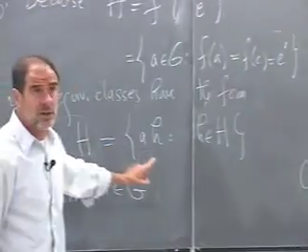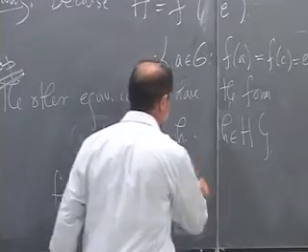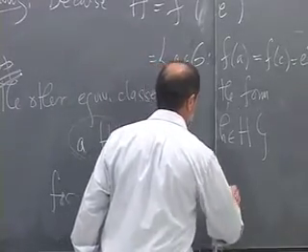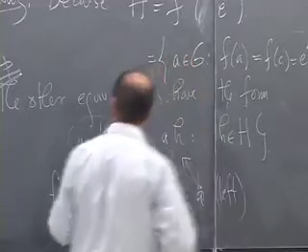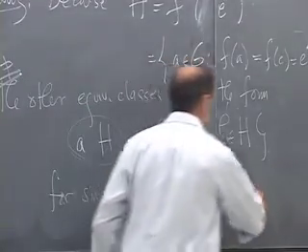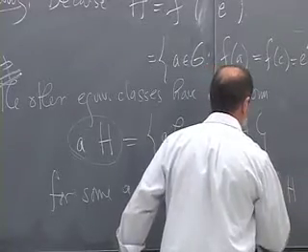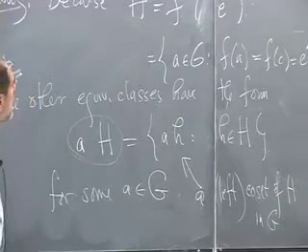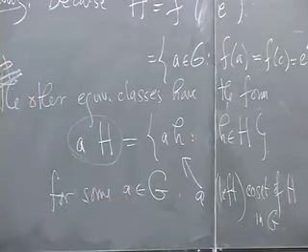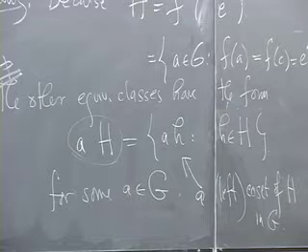This is called, big term here, a coset of H in G. More precisely, I think it's called a left coset, because I've multiplied on the left by a. A left coset of H in G. The equivalence classes for a homomorphism of groups are precisely the different left cosets of the kernel.